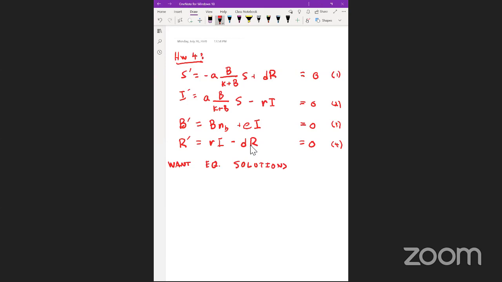So 3 and 4 basically allow us to express B and R in terms of I. So 3 implies that B equals EI over NB, and 4 implies that R equals RI over D. So then we can plug this into, let's say, 2, for instance. So this is going to give us A times.